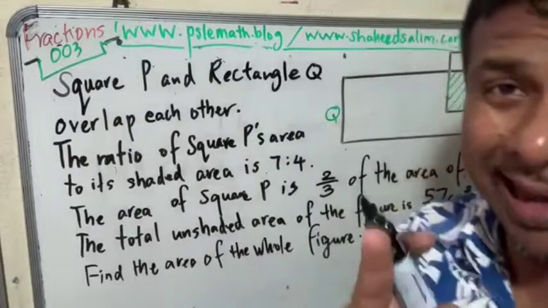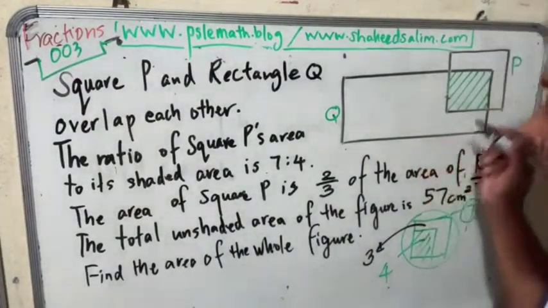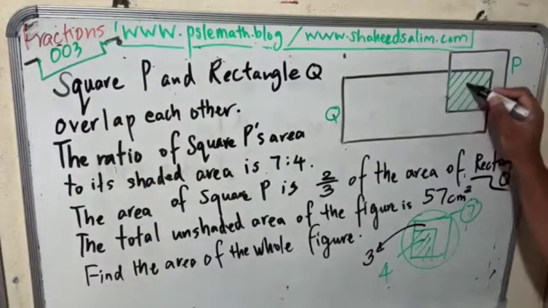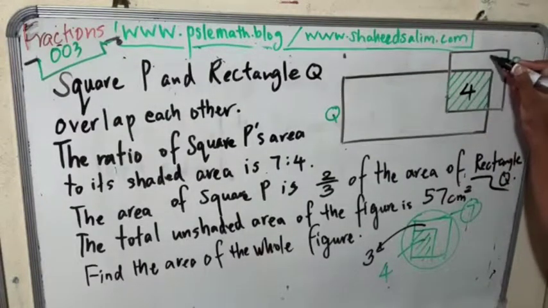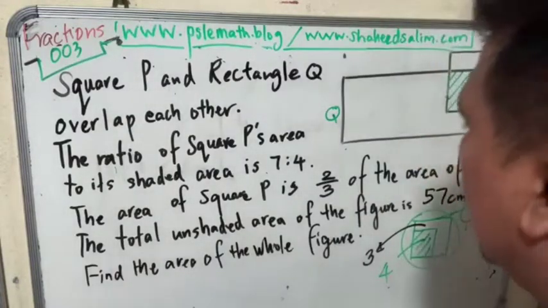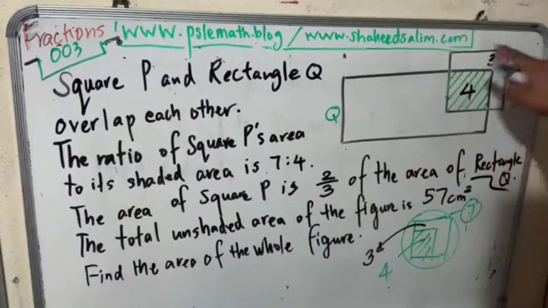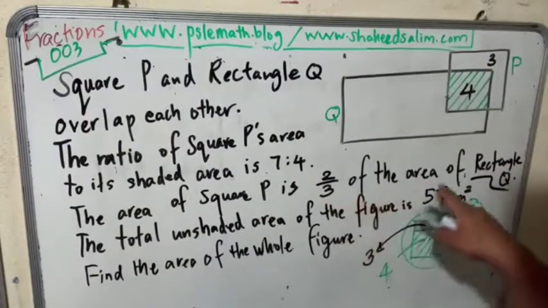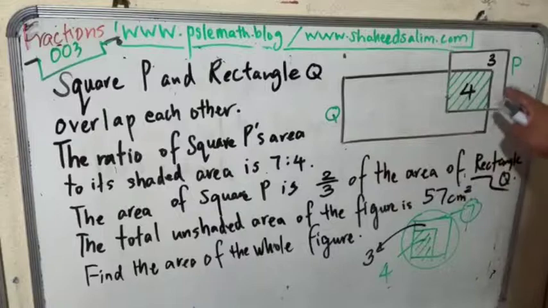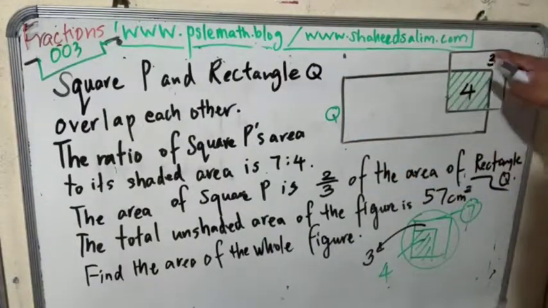I hope you get that part, alright? So I'm going to label on the diagram here. You'll find that this part is 4 units and this part is 3 units. And they say the area of square P is 2/3 of the area of the rectangle. So if this is 3 units, this is 2 units.